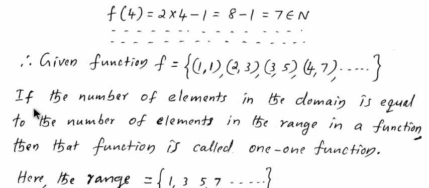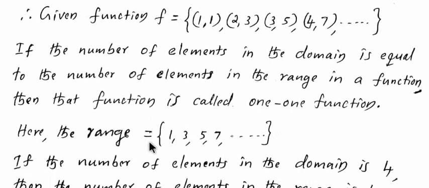If the number of elements in the domain is equal to the number of elements in the range in a function, then that function is called a one-one function. Here write the range also.